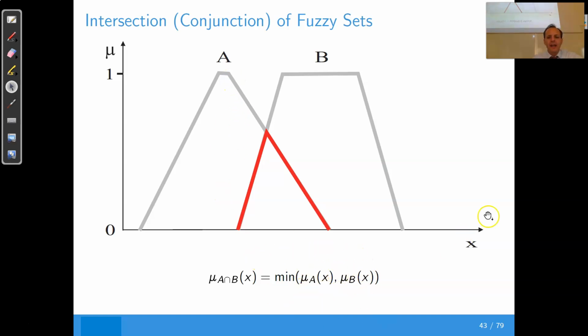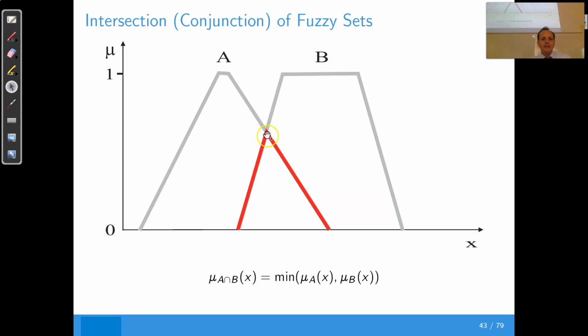For each x, imagine a line which moves from 0 to infinity, and starting from where the two fuzzy sets intersect, you take the minimum.